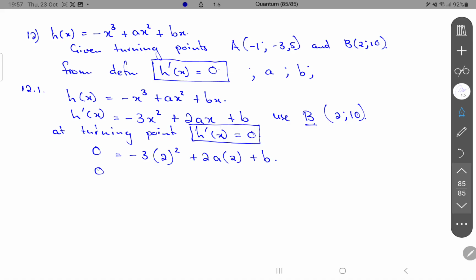So 0 is equal to 4 times negative 3, that's negative 12, plus 4a plus b. In other words, 4a plus b is equal to 12. This is our equation number 1.